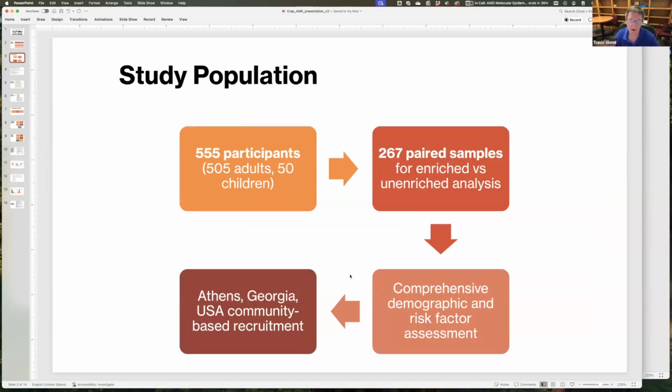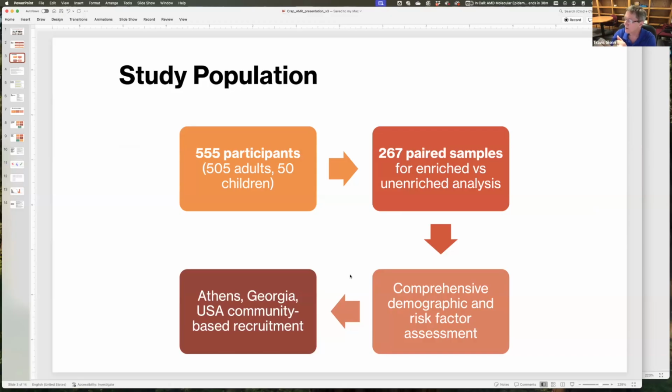All right, so a little bit of background about the study. There were 555 participants, 500 adults, 50 kids. Out of those, we have significant data, which means qPCR, unenriched shotgun libraries with a sufficient number of reads, and enriched shotgun libraries with a sufficient number of reads for 267 of those samples.